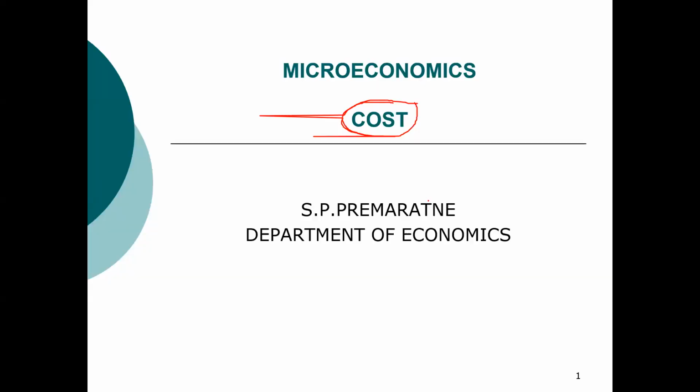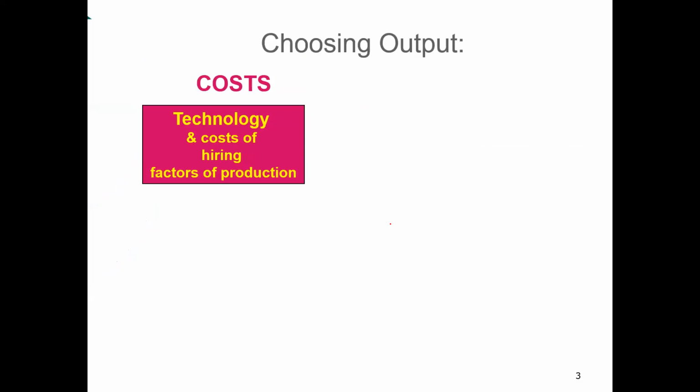So when you come to the cost side, like here, again, I came to the same slide. Like I mentioned, practically, as a producer, you mainly focus on the cost and the revenue and try to make a decision.